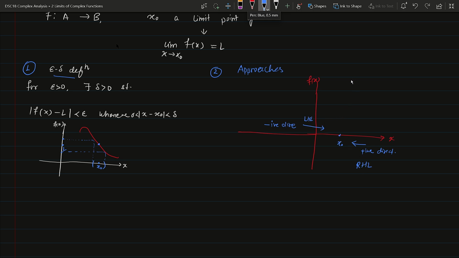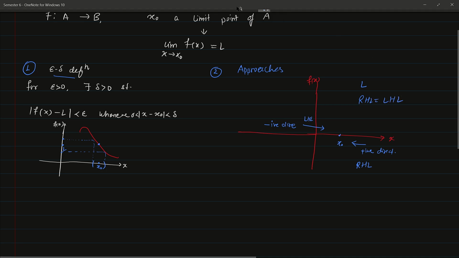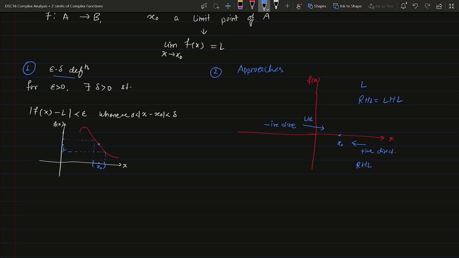And when we say that L is going to be the limit, if RHL is equal to the left hand limit LHL, only in that case we say that the limit exists.